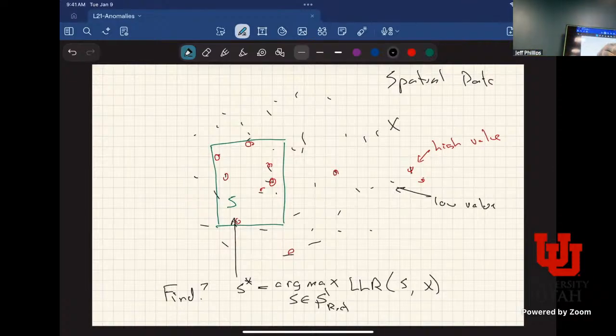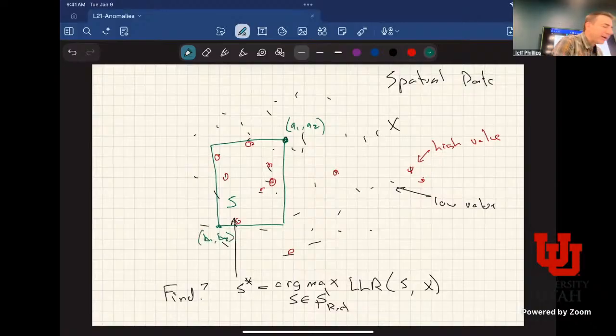So I can define the rectangle by 4 points here. Let's call these A1 and A2 and B1 and B2. I can define it by 4 coordinates, right? If I define the lower left corner and the upper right corner, this is the X coordinate.